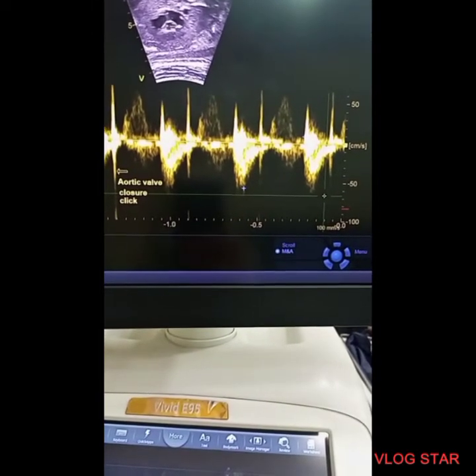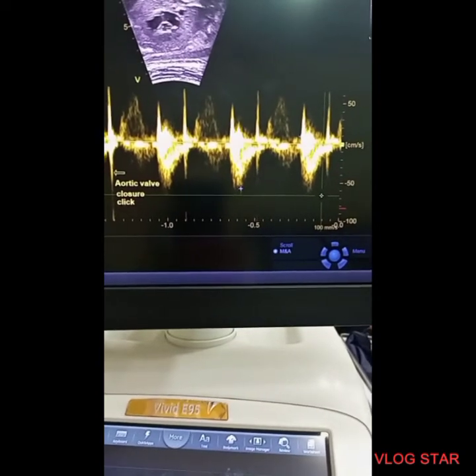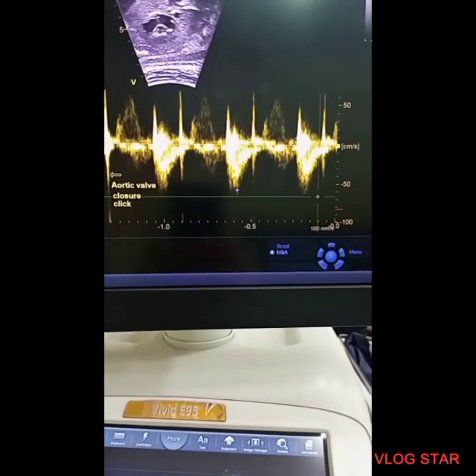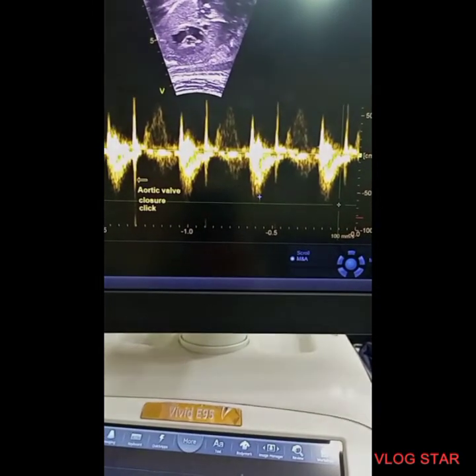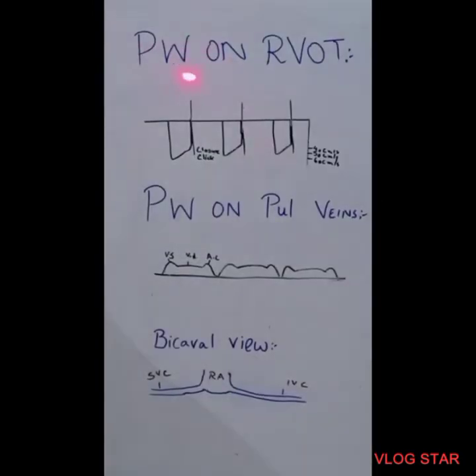Less than 100 is normal, or sometimes it exceeds from 100 to 110 during the early gestational age. That is also normal.